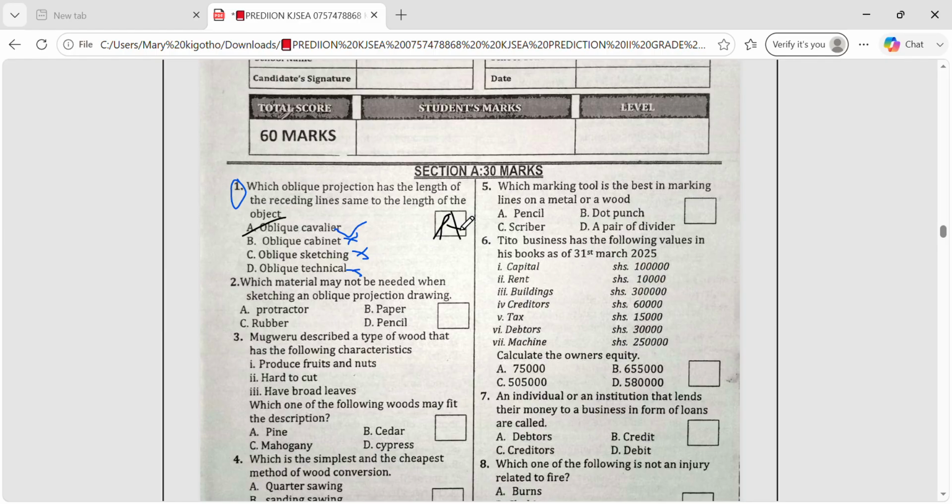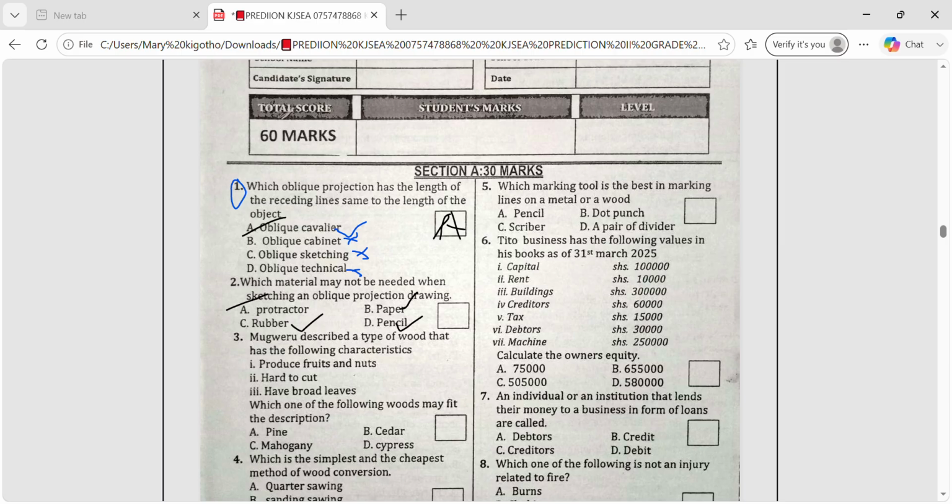Yes, you'll need a paper. You also need a pencil, you also need a rubber, just in case of any mistakes. So the thing that you don't need is a protractor.